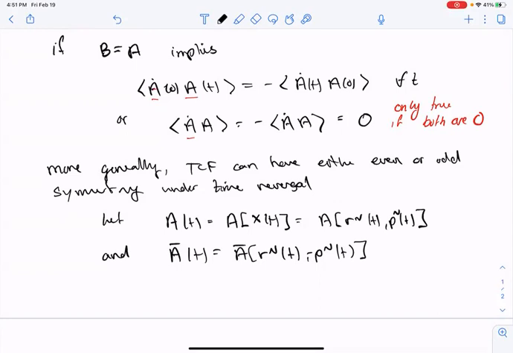Things going forward in time carry one momentum. They go backwards in time, they carry the opposite momentum. So I can define a time reversed observable A bar by flipping the momentum, any momentum components of that observable, around.